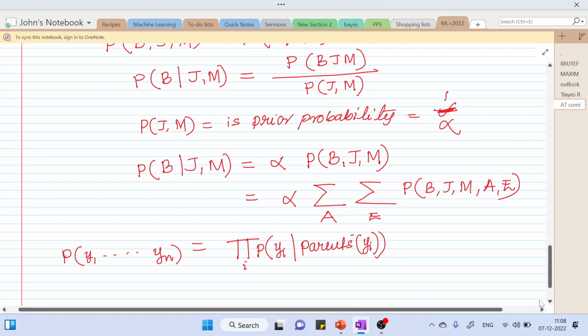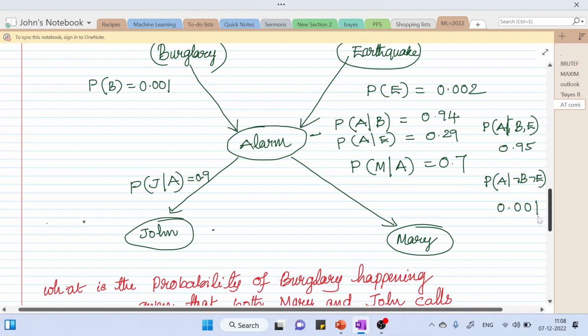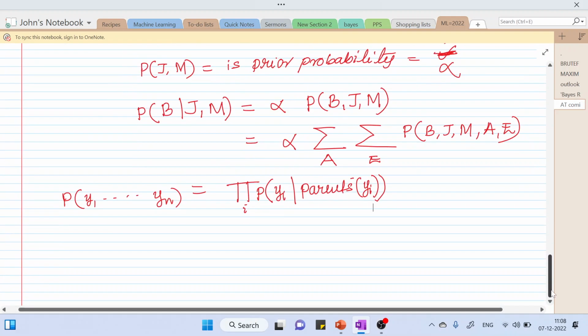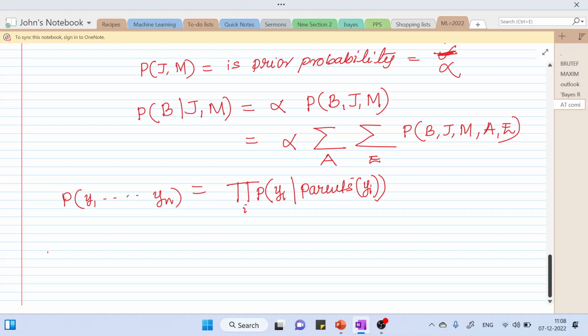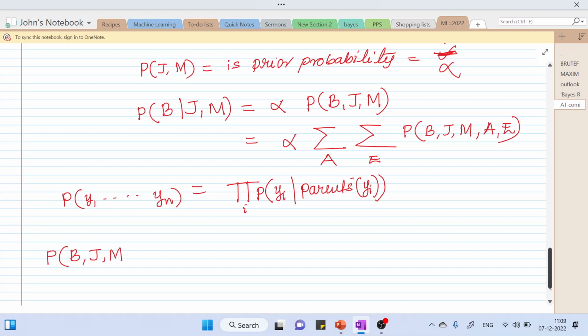Now, when you see the diagram, you will understand who are the parents and who are the children, to which side. So now you tell me what is the probability of all the events occurring together.